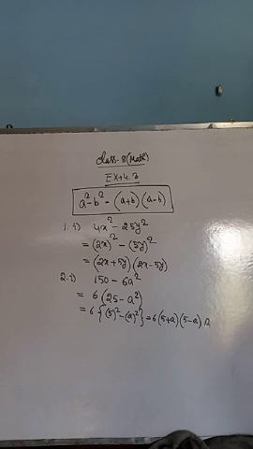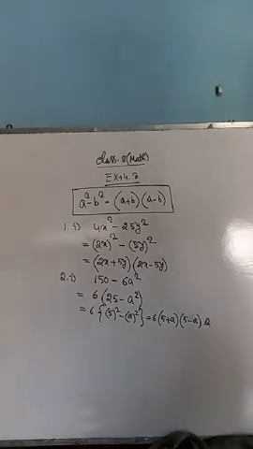Next, after taking the common, you can make it in whole square form. In the first math, between 4 and 25 you are not able to take a common because they are themselves whole squares. In this one you can take the common as 6, so 25 minus a square, that is 5 square minus a square, will be the answer. So 6 into 5 plus a, 5 minus a. Clear to all of you? Okay, thank you. Next part.